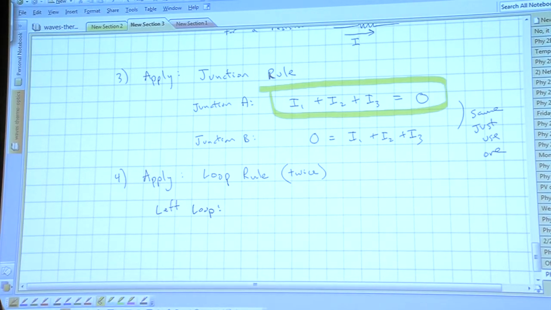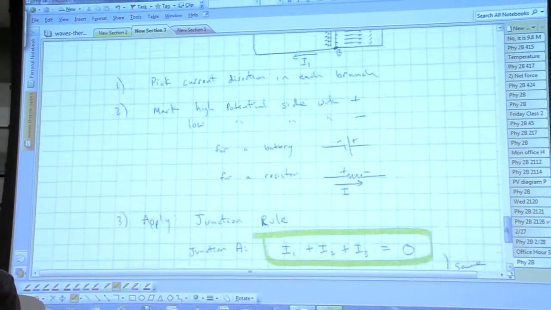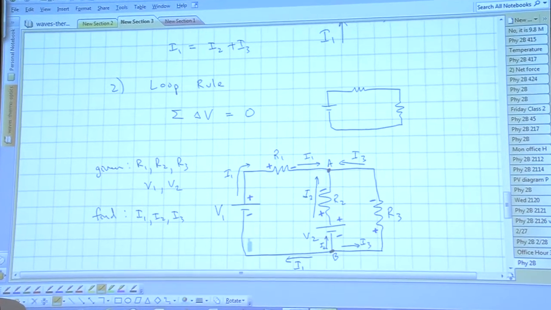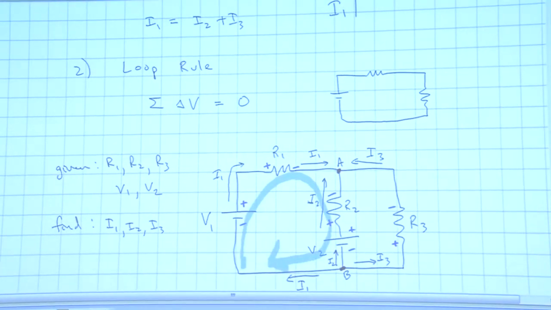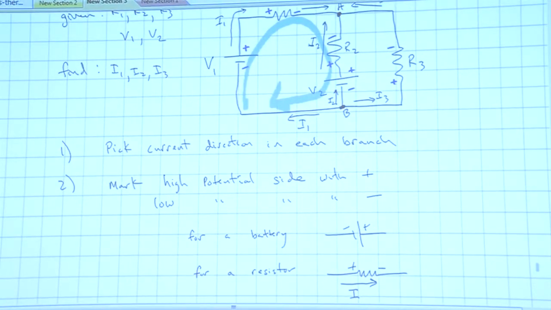So I'll sort of draw this one in. We're going to pick a starting point and pick a direction, because it matters what direction you go. Okay, so there's our starting point, there's our direction.